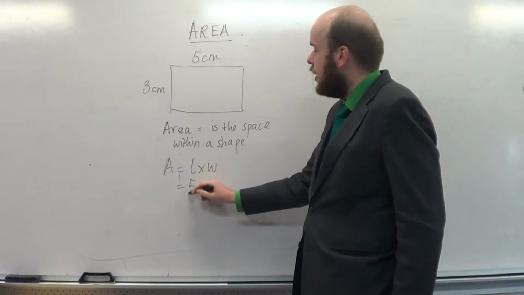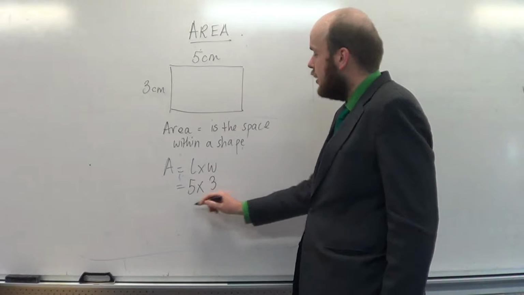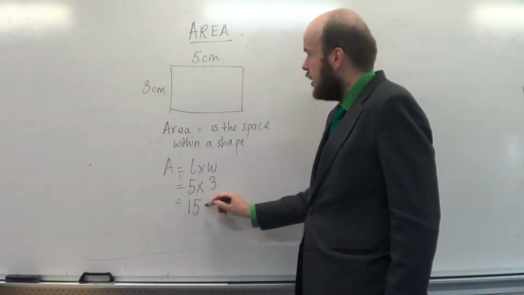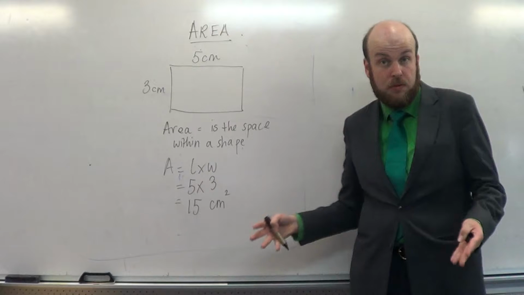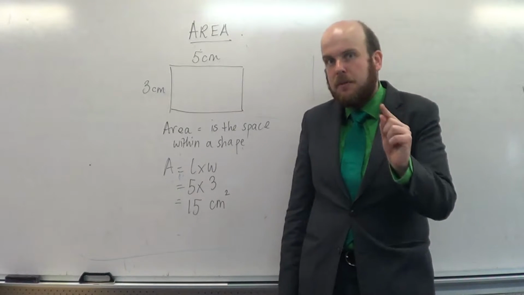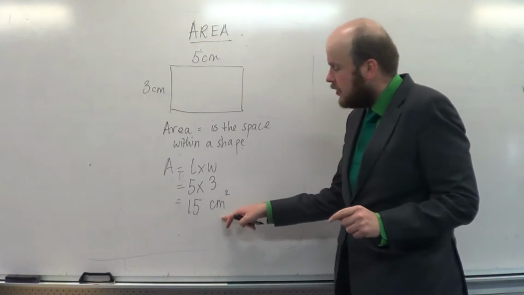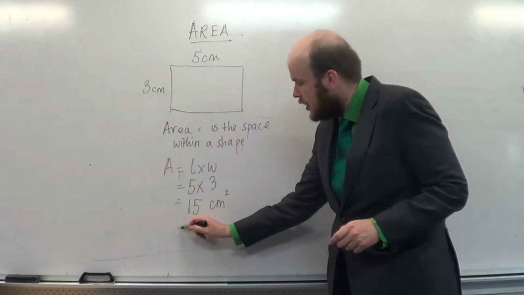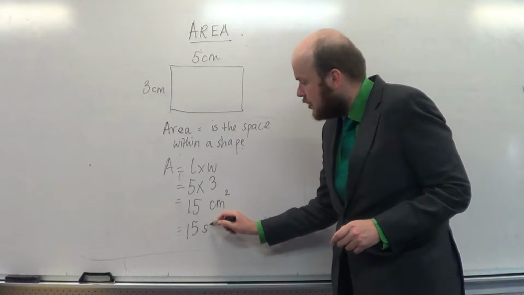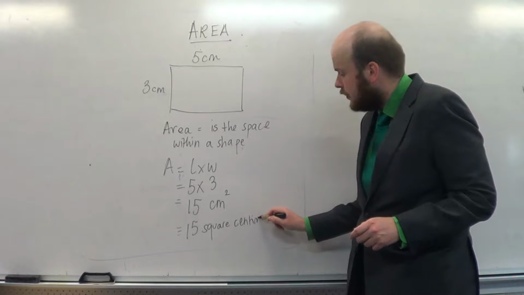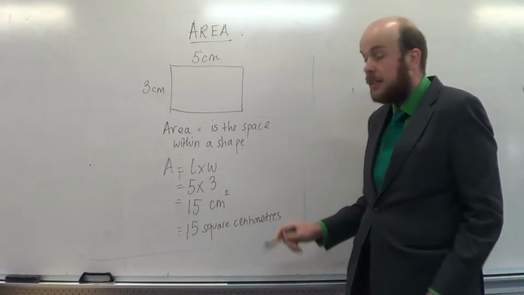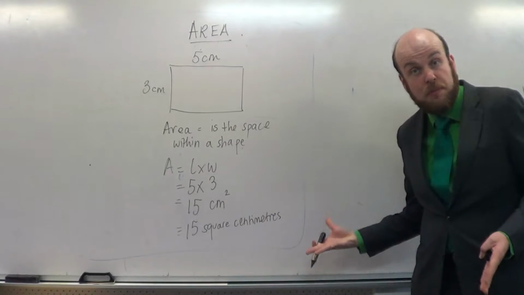So this would be 5 times 3, which is 15 centimeters squared. You might remember this sort of formula. But really what we should be saying is not centimeters squared, we should actually say 15 square centimeters. That's, technically speaking, what it should be called.